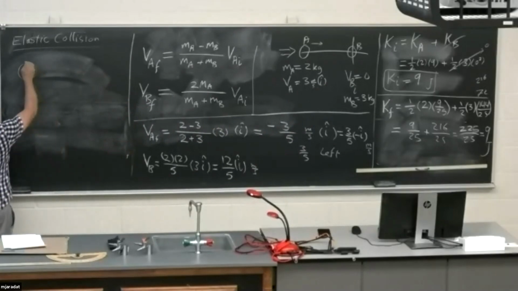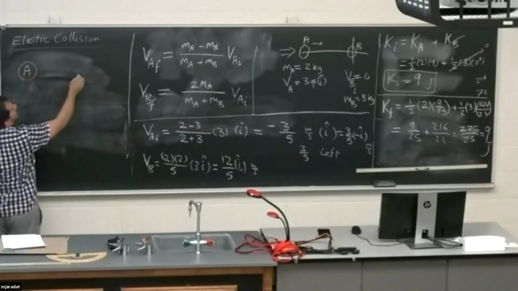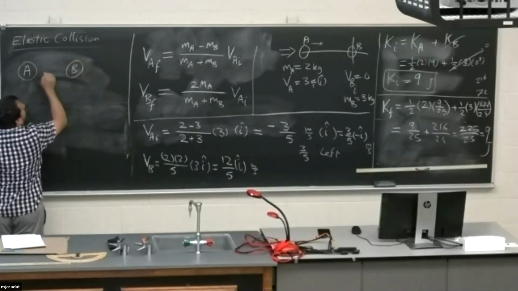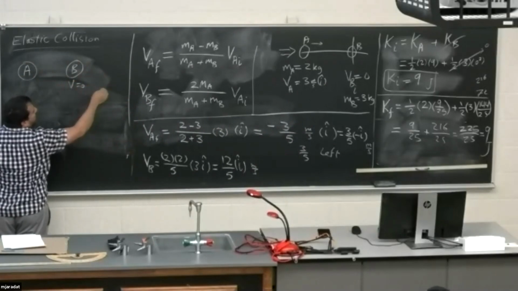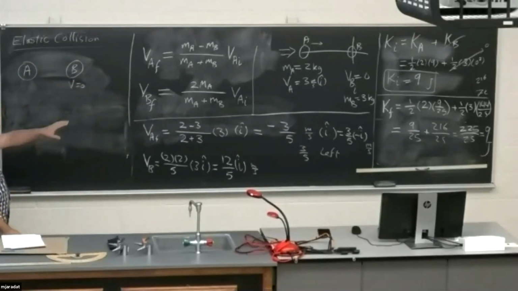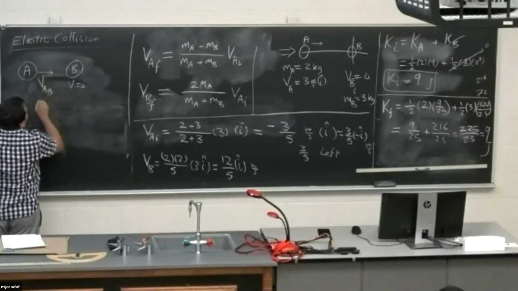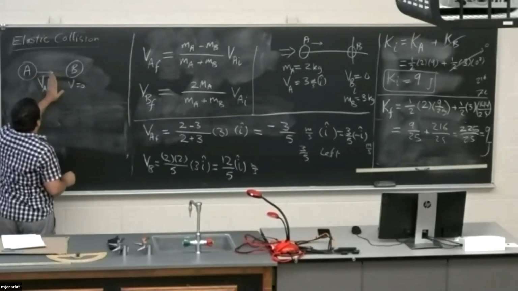If we have the ball A with another ball B, which is equal in mass, this velocity is equal to 0, as we agreed before, and A has a velocity VA before, or initial.